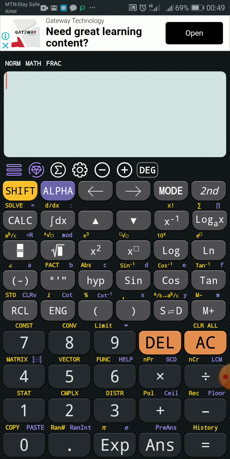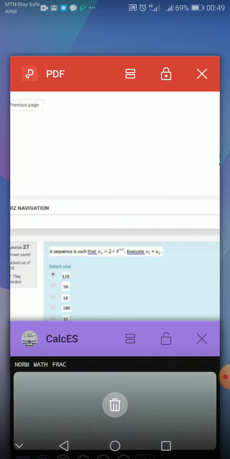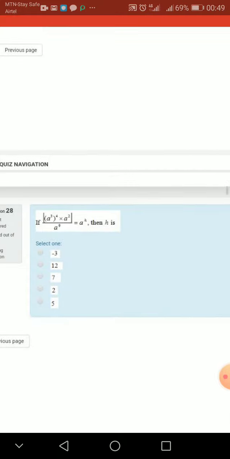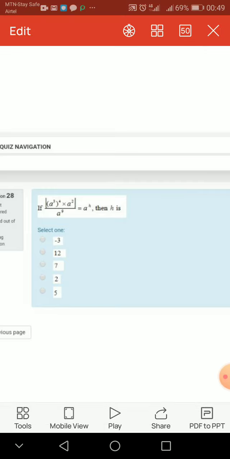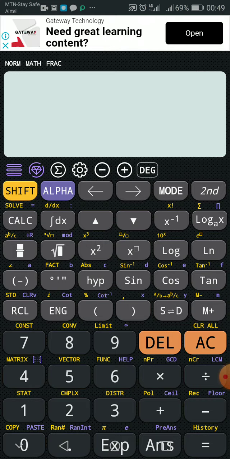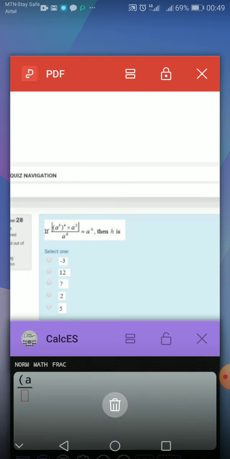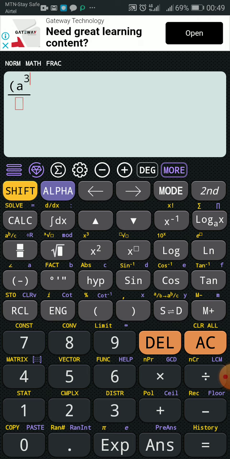Okay, so let's see another question. This one is saying we should find h, and we are given this. The best way to find h, just assume any value. Let's write that first. For the right hand side, first of all, we have alpha. Let me use a. Your a in your book will be capital letter. So alpha a cube. Then I close the bracket.